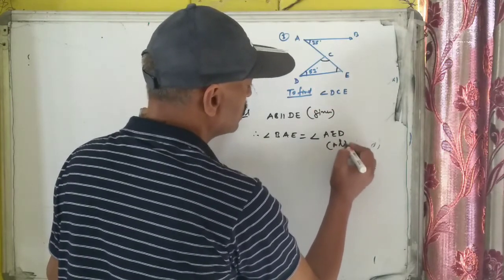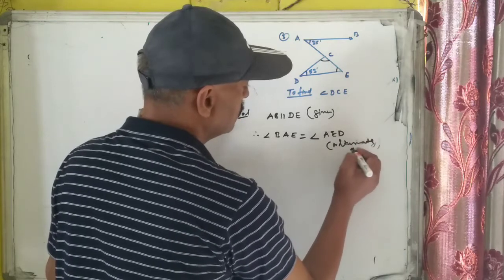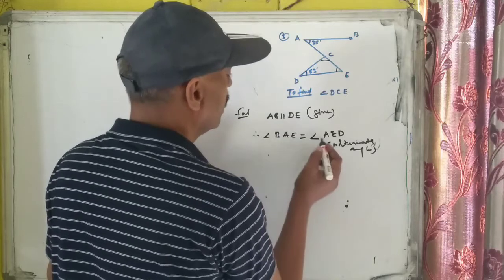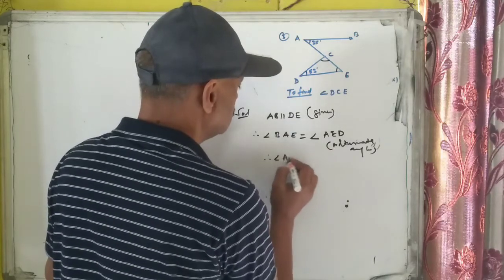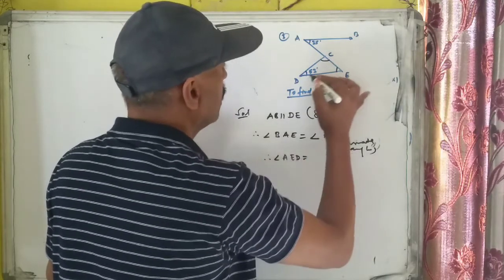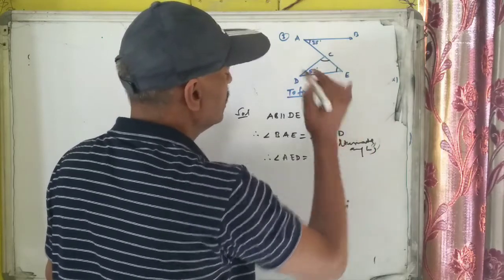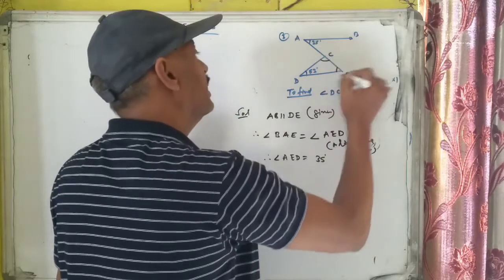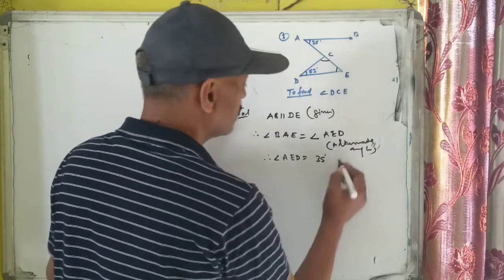This is because of alternate angles. So we get the value of angle AED. We have AED equal to 35. Angle AED and CED are the same angle.